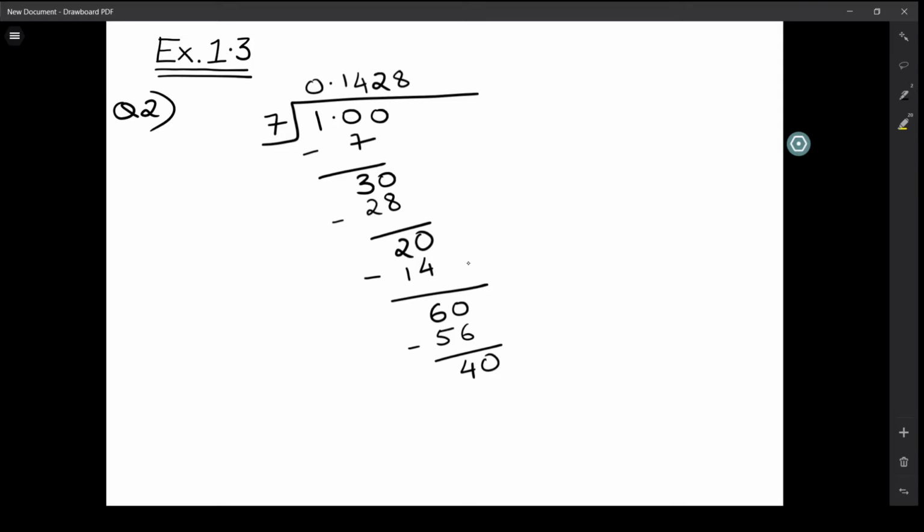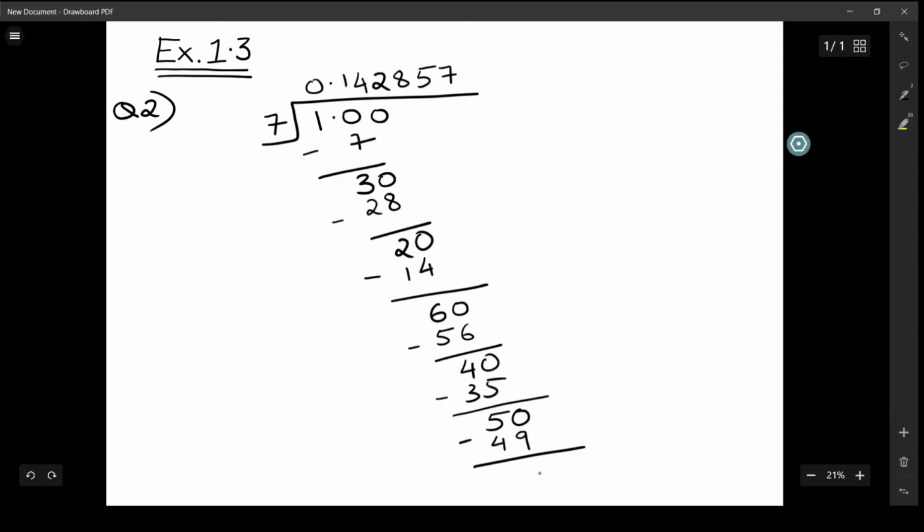Here we get a remainder of 4. Here we get a remainder of 5. And then again we get a remainder of 1, after which the sequence will repeat itself.